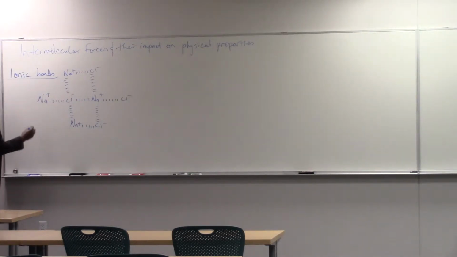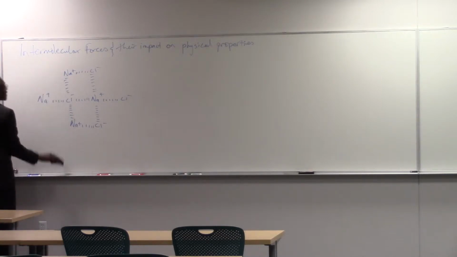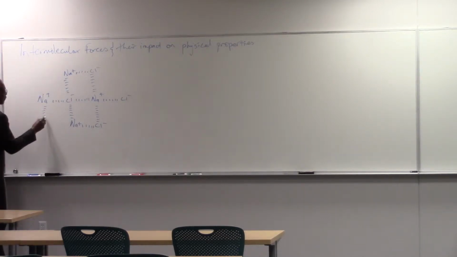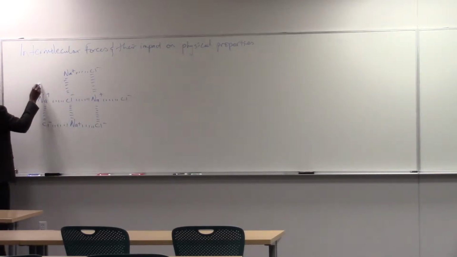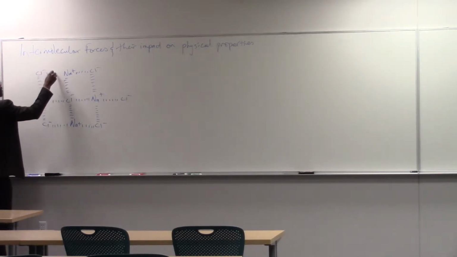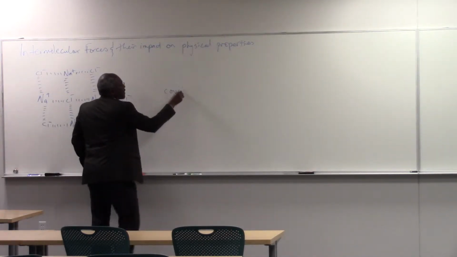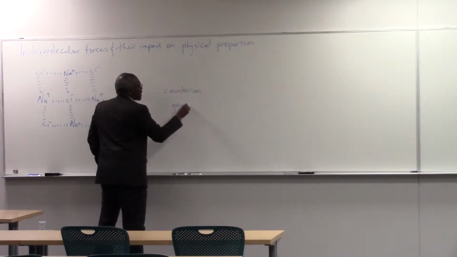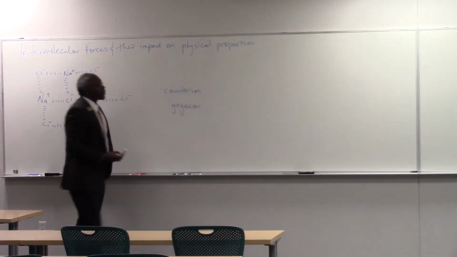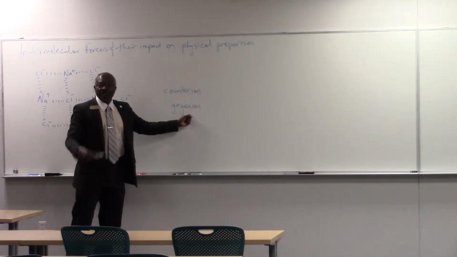So what we have in ionic compounds is what's referred to as a lattice. We have a regular arrangement in which every ion is surrounded by what's called its counter ion or its Gegen ion. The counter ion is the ion of opposite charge. Gegen means opposite.